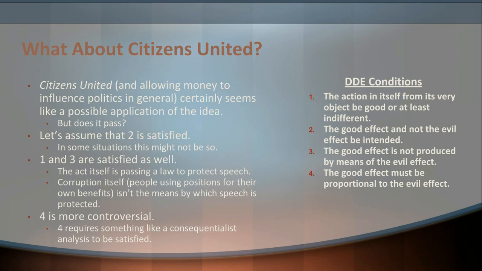And if there was some evidence to come out about it, this might be enough to disqualify this as a morally acceptable court decision or as a morally acceptable policy for our country to run on or for any country to run on. But for now, let's assume that 2 is satisfied because, for one, that just seems like a reasonable thing to do. And 2, we don't really have a whole lot of evidence as to what the intentions, what the actual brain states and moods of the 9 Supreme Court justices are. So let's assume that 2 is passed or satisfied for now.